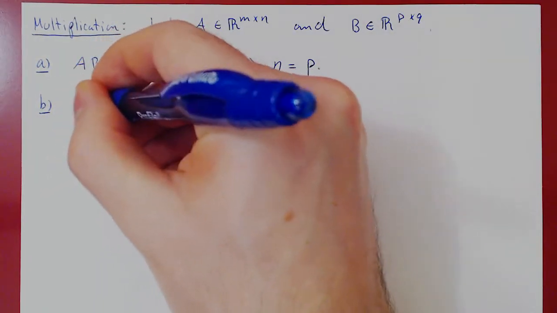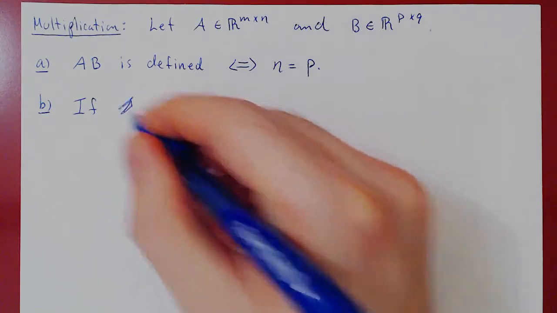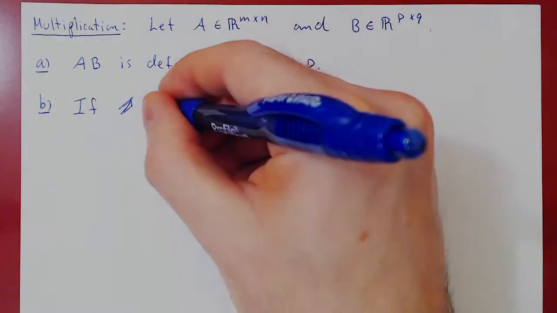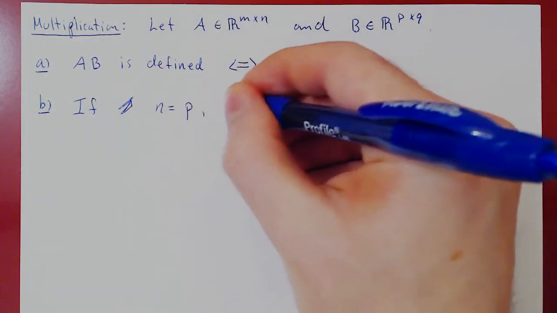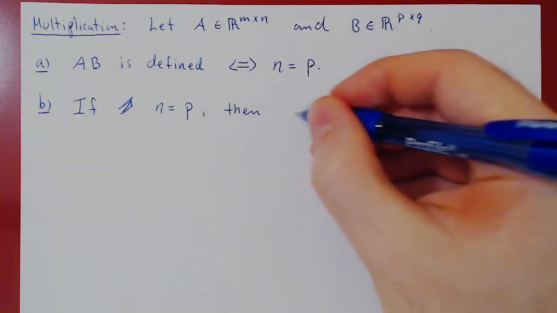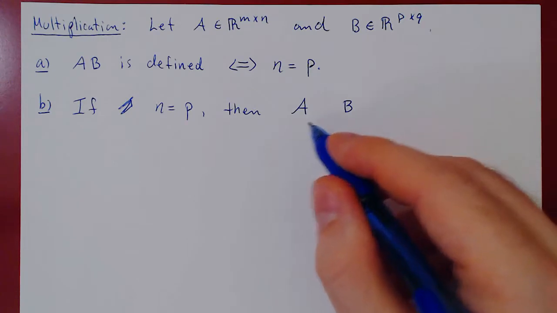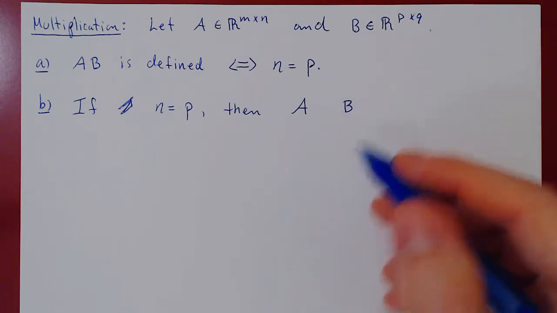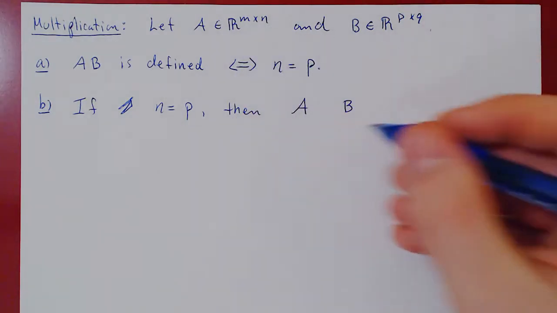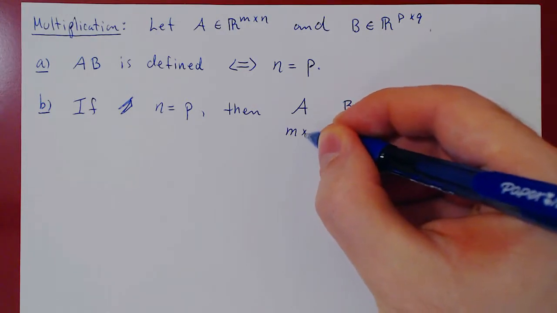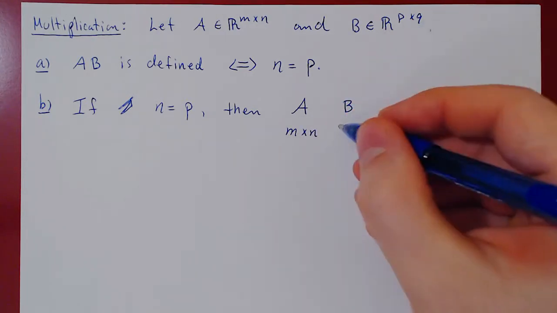If n equals p, then the new matrix AB, and I leave myself a bit of space here to show you the trick. A is an m by n matrix. B is a p by q matrix.